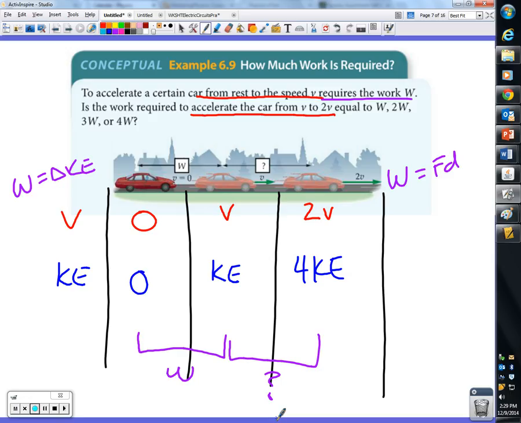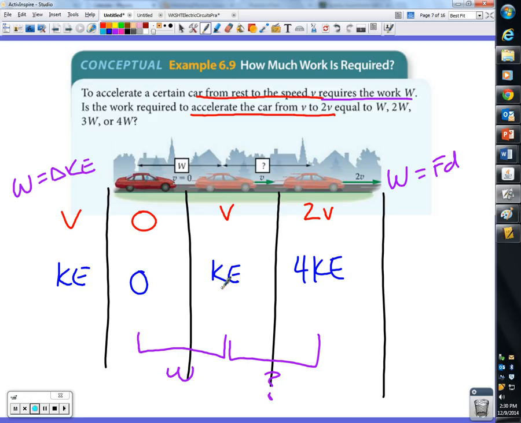All right, that being said, now we have the information that we need in order to answer this question. We learned previously in 6.2 that work is responsible for the change in the kinetic energy. How much does kinetic energy change going from here to here? By a factor of what? By a factor of 3, yes.